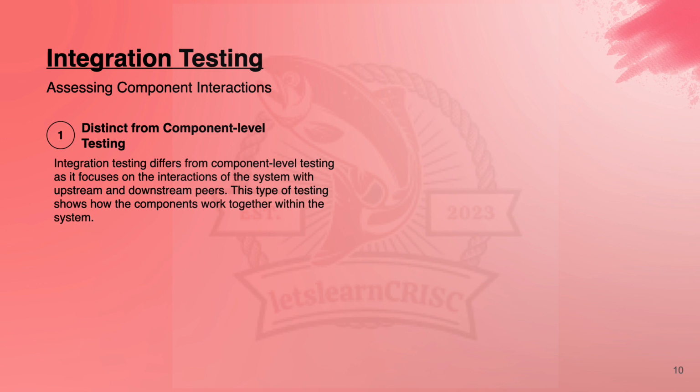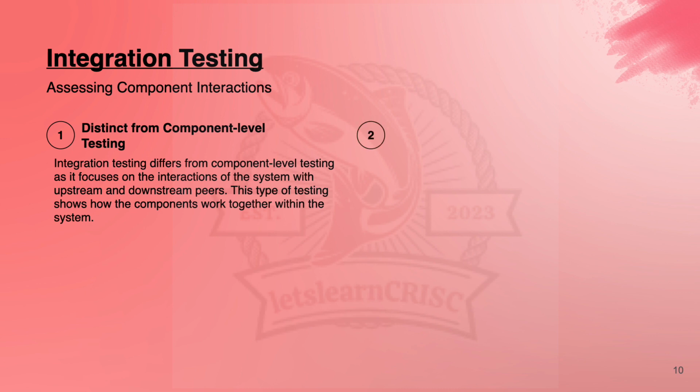It illustrates how components collaborate and exchange data to achieve the intended functionality of the system. It provides a more holistic evaluation of the system's behavior by considering the combined effect of the component interaction.